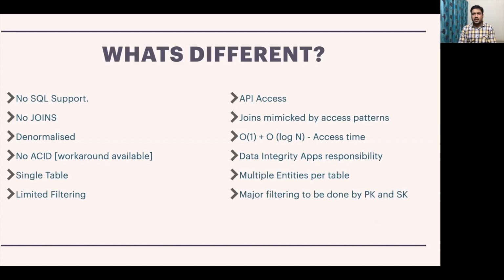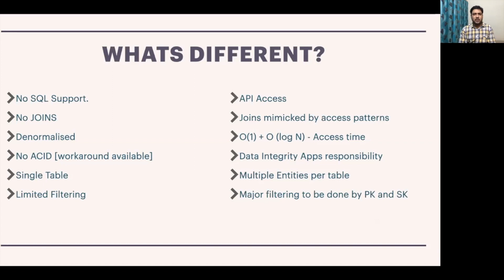So what exactly is different in DynamoDB when we compare it to relational databases? One big difference is you don't have SQL support at all. So you need to communicate with DynamoDB using either the CLI or the API layer. There are no joins in DynamoDB.